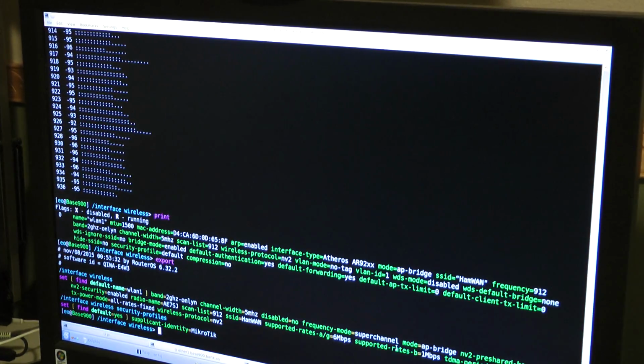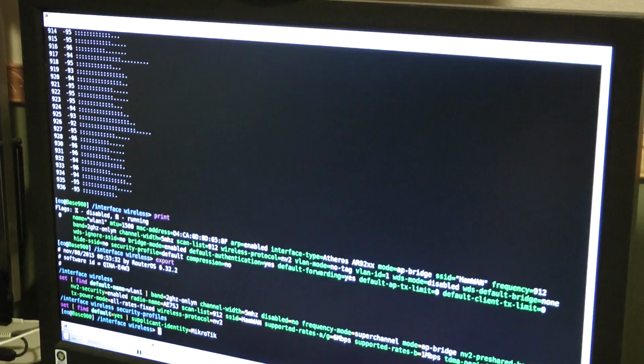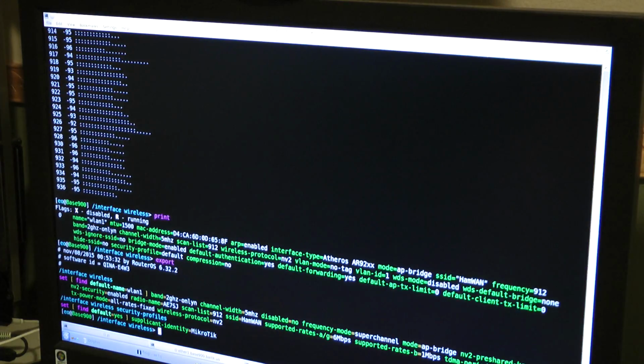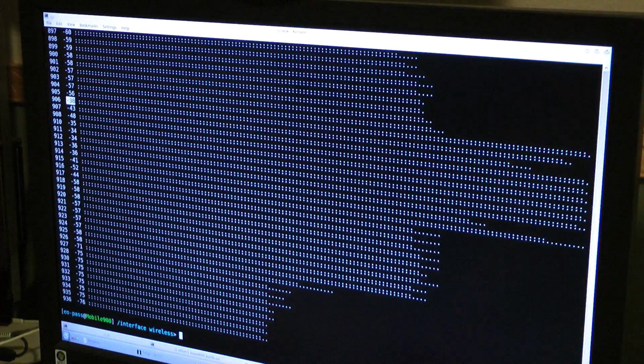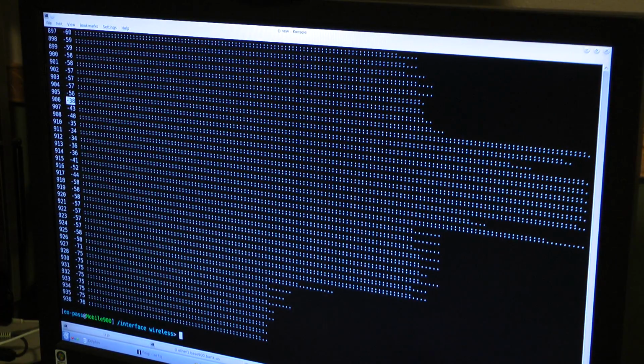The TX power. Where's my TX power? There we go. Plus 13 dBm. Now I don't know how accurate that is in terms of TX power, but let's see if that makes sense. So we had a signal of minus 38 and we want to add 53 to that.